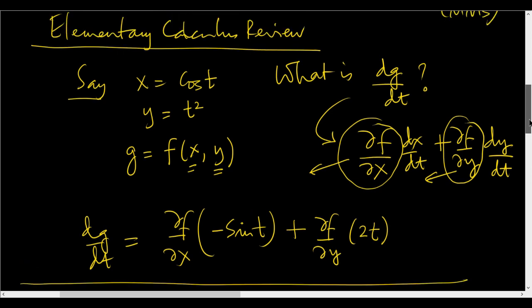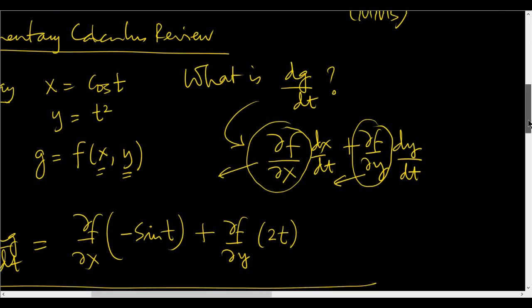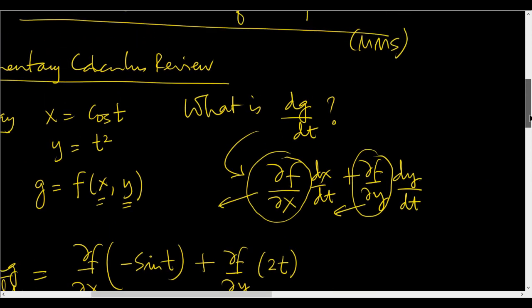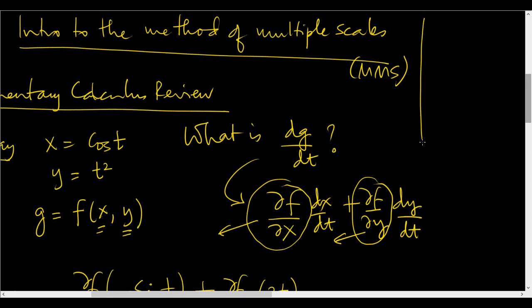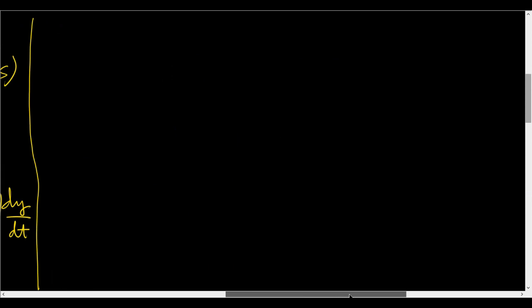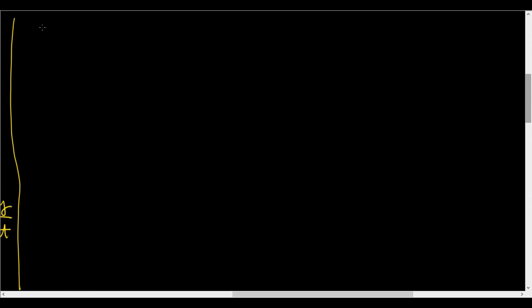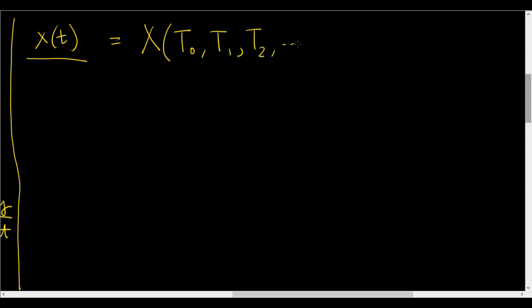Okay, now what we do in the method of multiple scales is the following. Instead of thinking x is a function of t, we think of x as being some other function of t0, t1, t2, and so on.